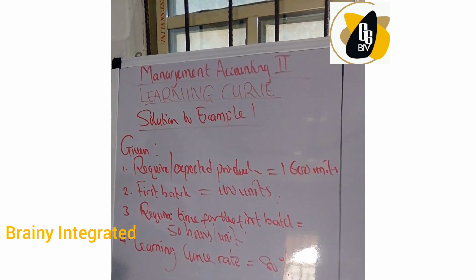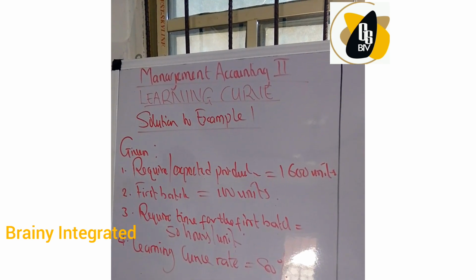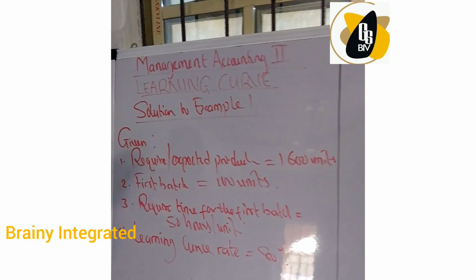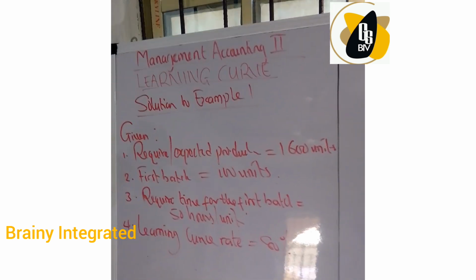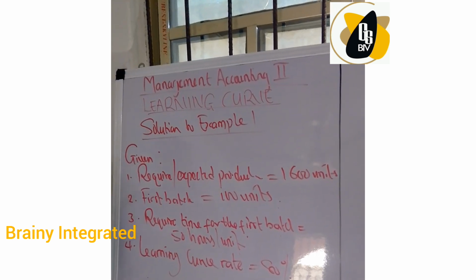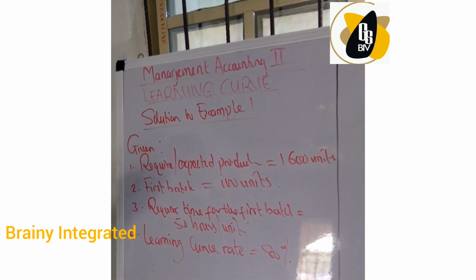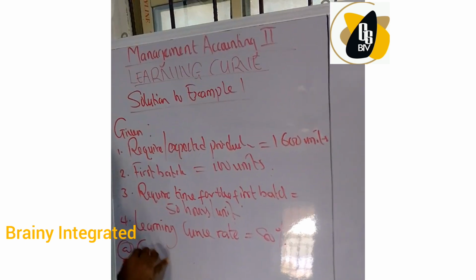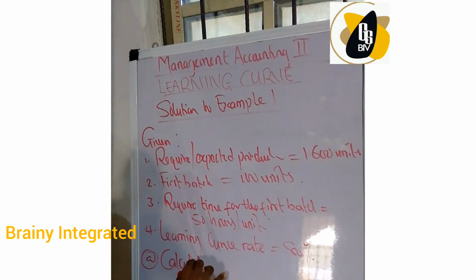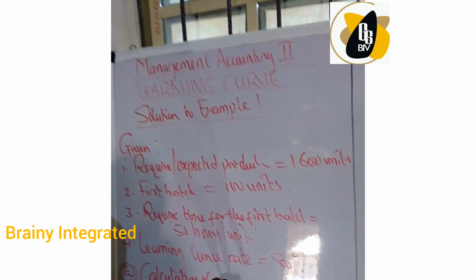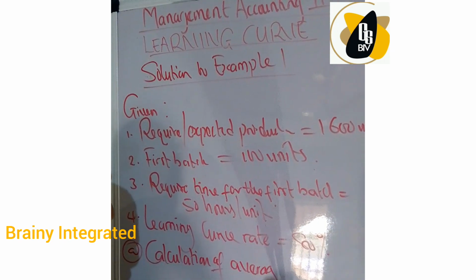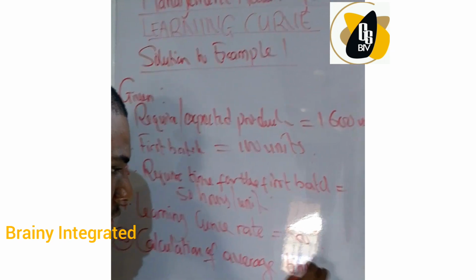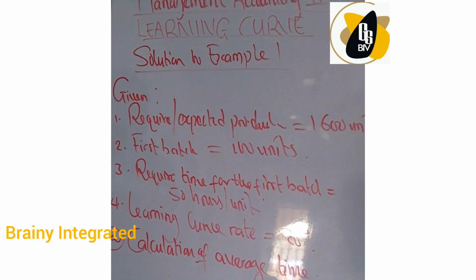Now, what do we now need to do? The first thing that we need to do in this question is to calculate the average time for each batch. So, A. Calculation of the average time.